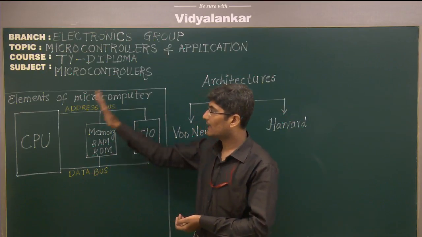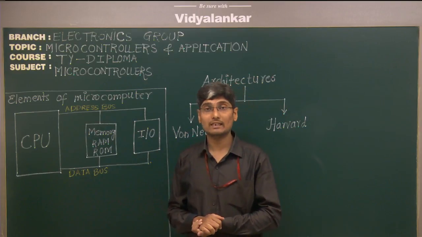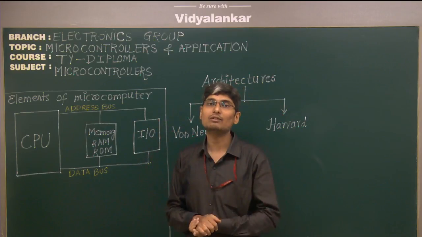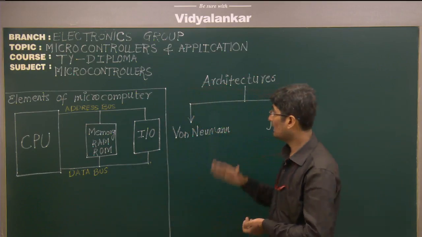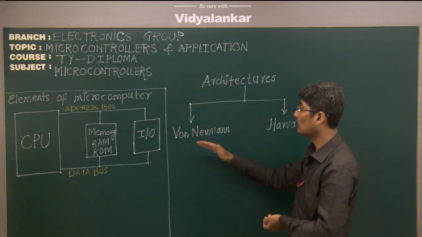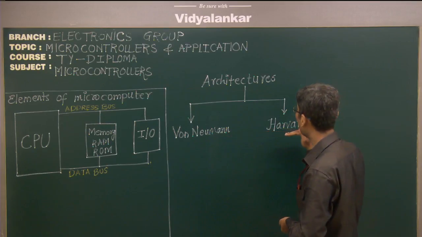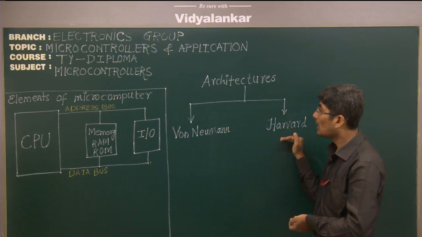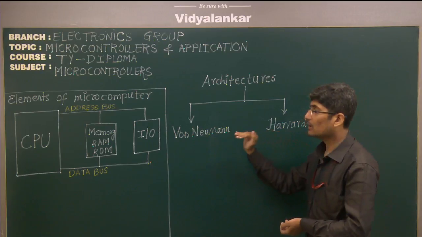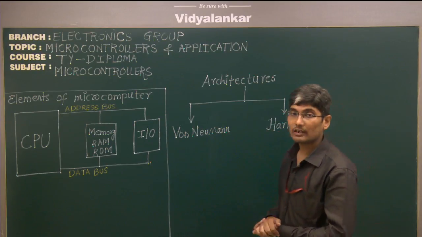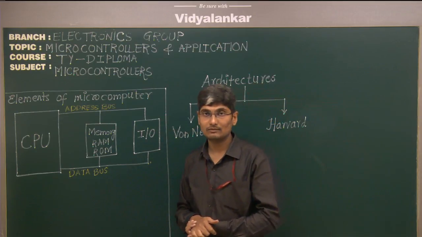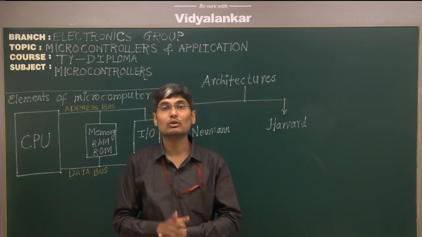Now this diagram is also called the architecture, or a very top view, of a microcomputer. There are basically two types of architectures. One is called the von Neumann architecture and the second is called the Harvard architecture. The basic difference is that in von Neumann architecture, the instructions and the data are stored in one memory.